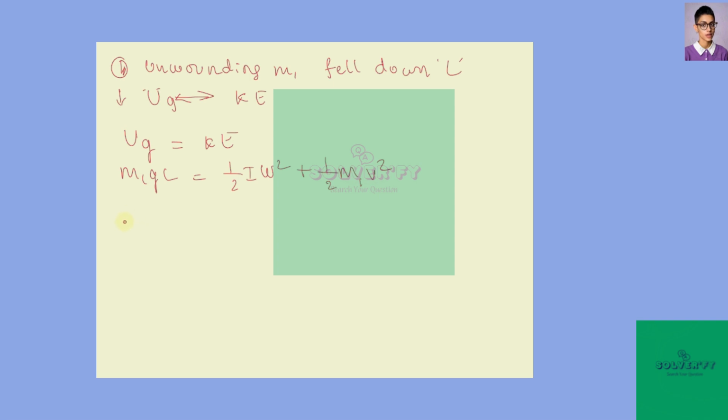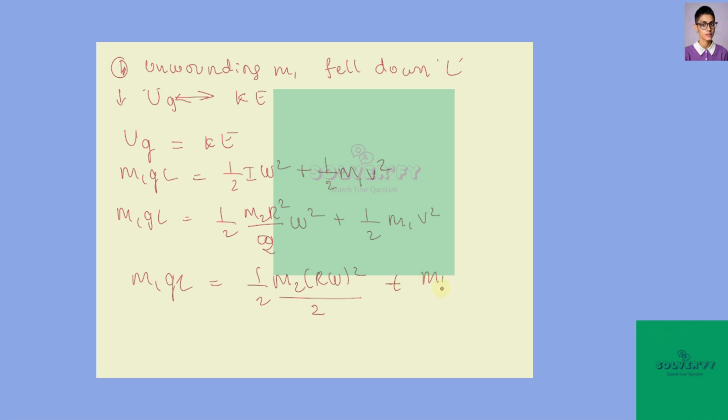So m1 g L will be equal to half into m2 r square by 2 into omega square, plus half m1 into v square. So m1 g L is equal to half m2 into (r omega) whole square divided by 2, plus m1 by 2.